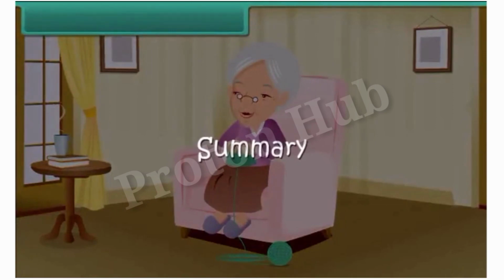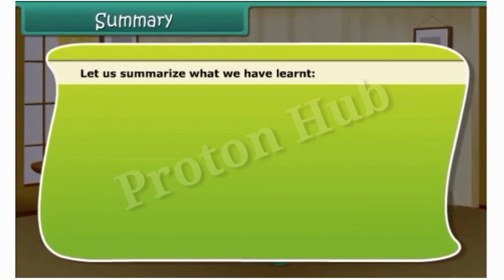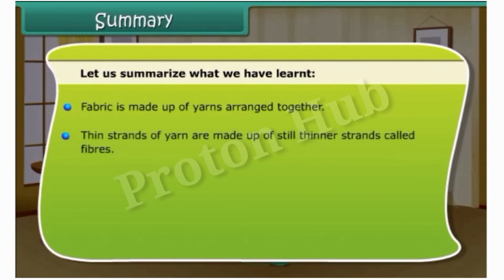Summary. Let us summarize what we have learned. Fabric is made up of yarns arranged together. Thin strands of yarn are made up of still thinner strands called fibers. Fibers are of two types: natural fibers and artificial fibers.